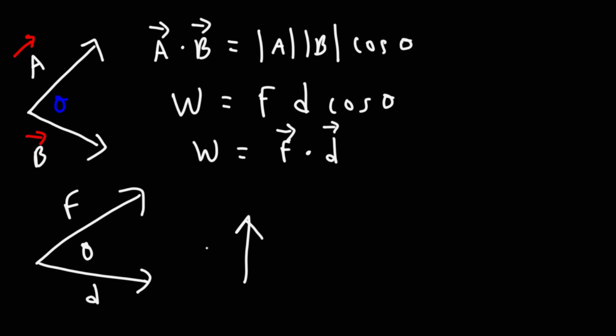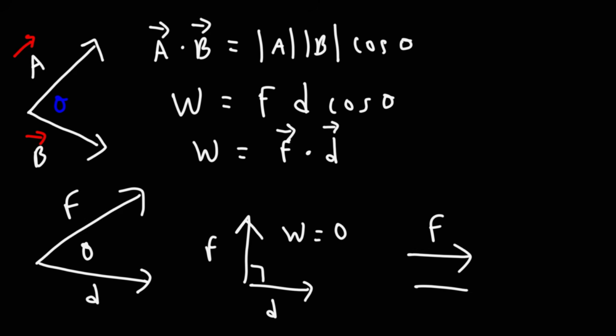When the force and the displacement vector are at 90-degree angles, the work done by this force is 0 because cosine 90 is 0. When the force and the displacement vector are parallel to each other, then the work done is going to be the maximum that that force can deliver because cosine 0 is 1.